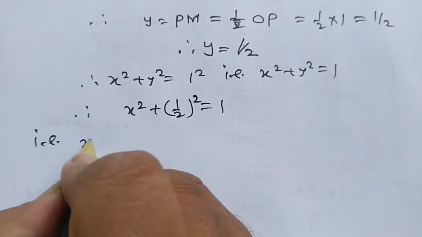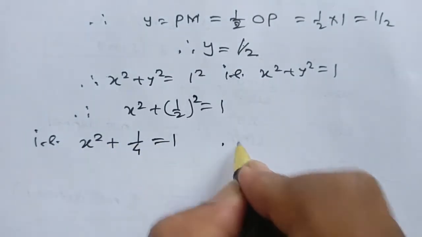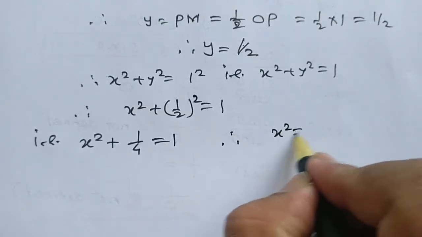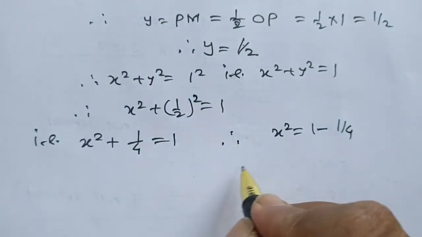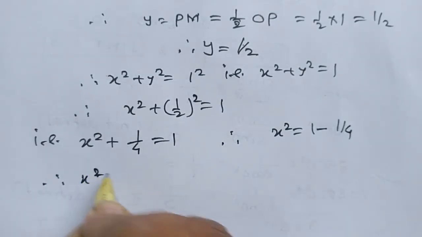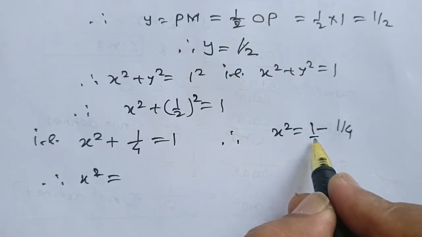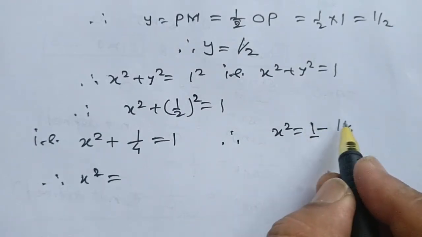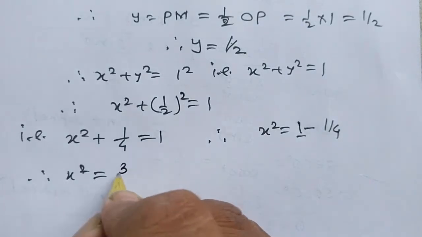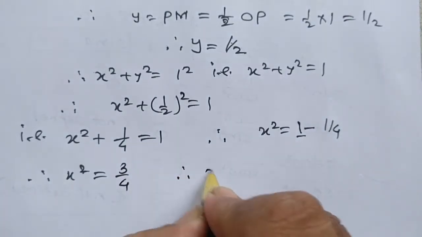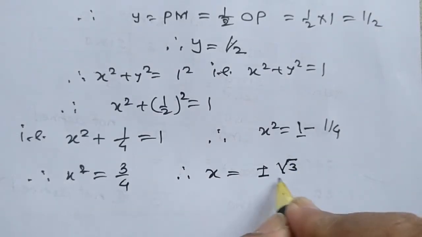That is, x square plus 1/4 is equal to 1. Therefore, x square is equal to 1 minus 1/4. Here LCM is 4, so 4 minus 1, that is 3, divided by 4. That is 3/4. Therefore, x is equal to plus or minus root of 3 upon root of 4, which is 2.